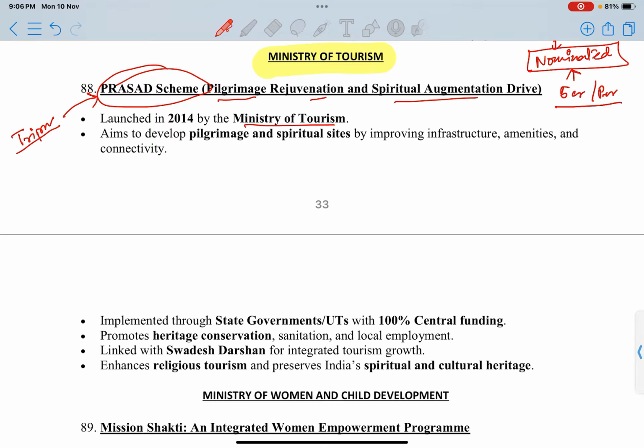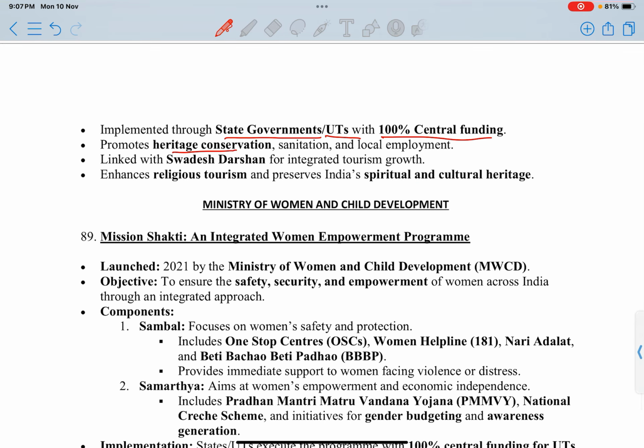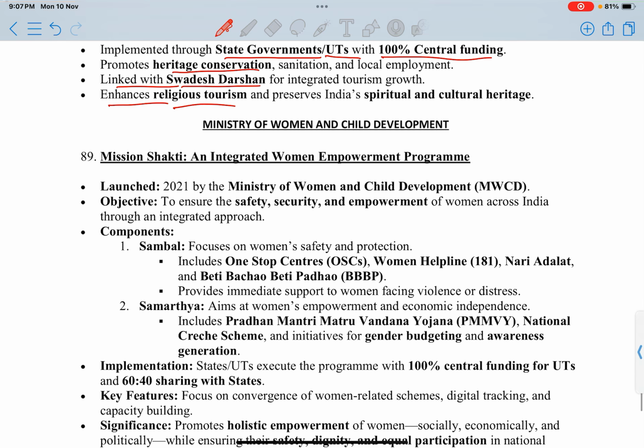Launched by the Ministry of Tourism, it aims to develop pilgrimage and spiritual sites by improving infrastructure, amenities, and connectivity. Implemented through state government entities, with 100% central funding. Promotes heritage conservation linked with Swadesh Darshan, and enhances religious tourism.